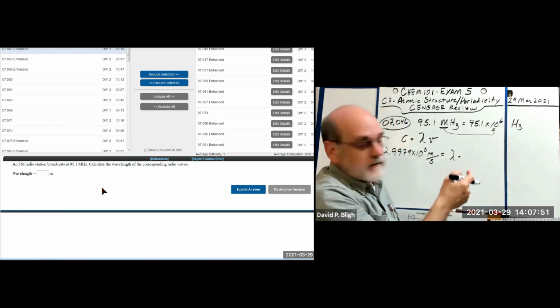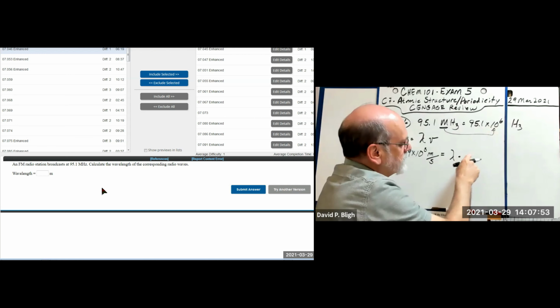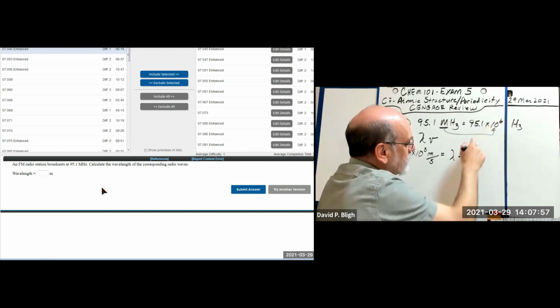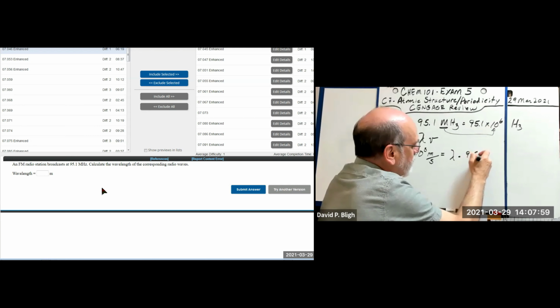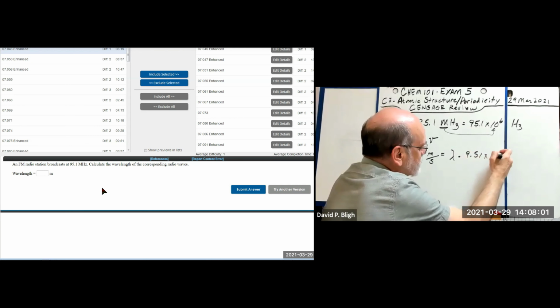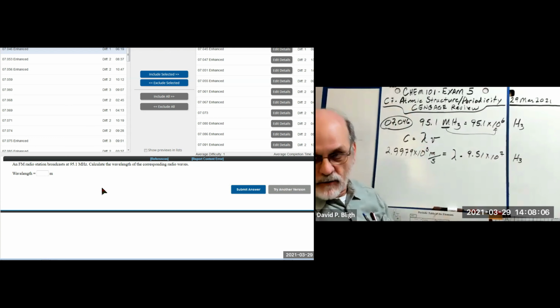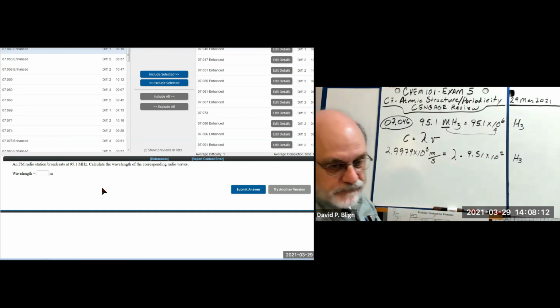Or we could convert it, right? Convert this to scientific notation, just move the decimal over one more, store that 10 over here. 9.51 times 10 to the 7th hertz, which is the same thing as reciprocal seconds, cycles per second. Now we'll solve for that.